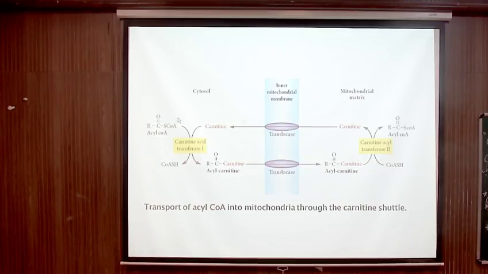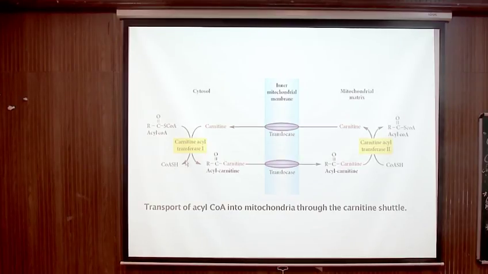So we have seen that there is fatty acyl coenzyme A, the active form of fatty acid, which is already activated. It is present now in the cytoplasm. This binds with carnitine and forms acyl carnitine, and coenzyme A is retained back in the cytoplasm.